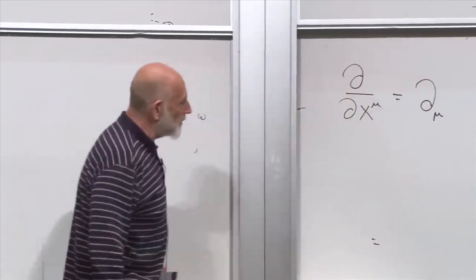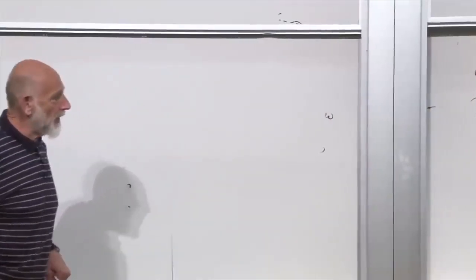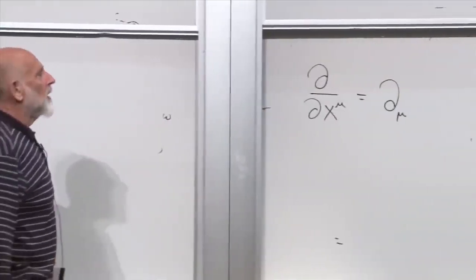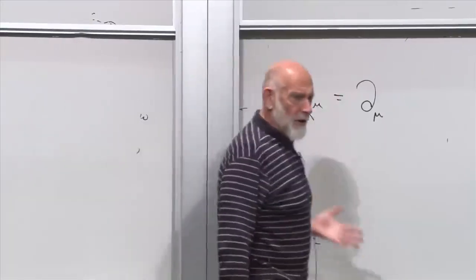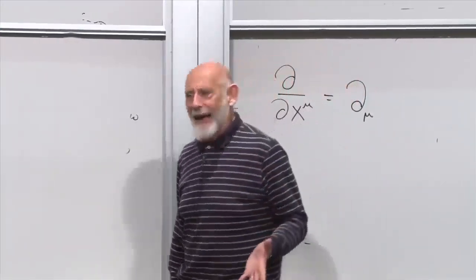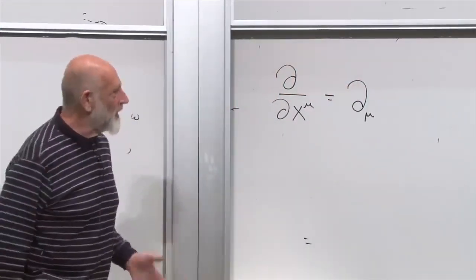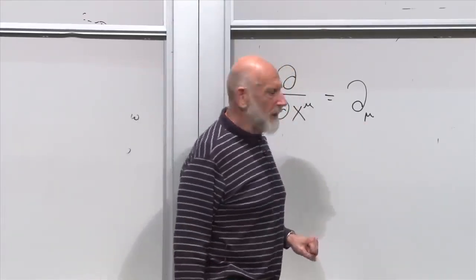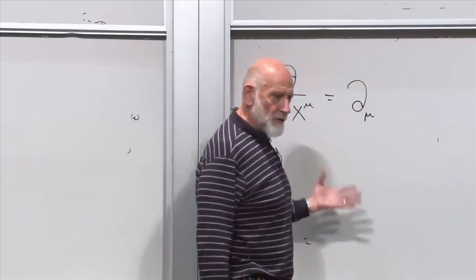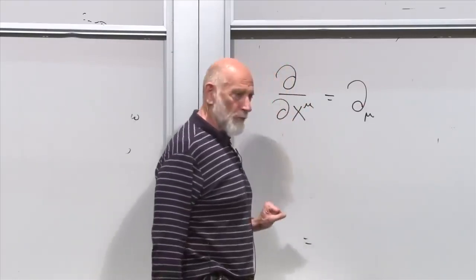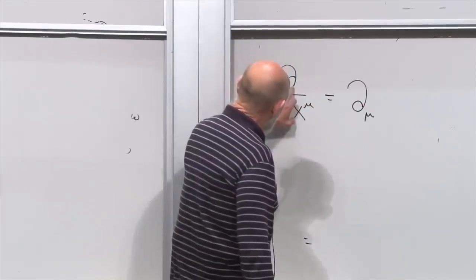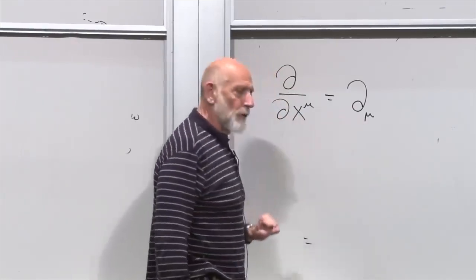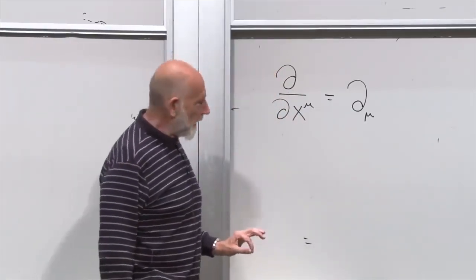Okay, another brilliant notation. Get rid of the x and just write d sub mu. This symbol by itself, of course, doesn't mean anything. It's got to act on something. All right? But whatever it acts on, it adds another index. If it acts on a scalar, it creates a thing with an index mu. That index, or the d by dx mu, or the d mu, is a covariant index.